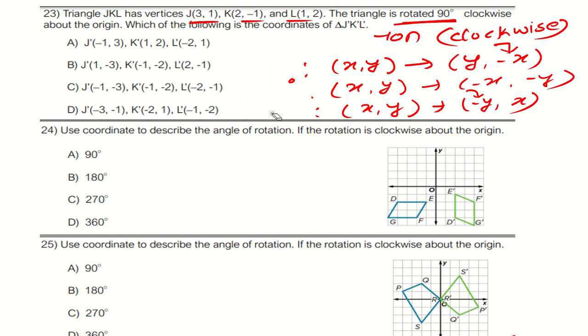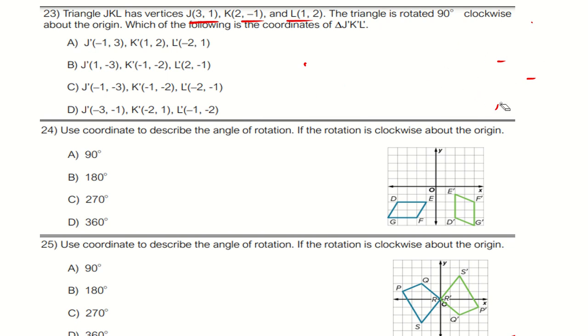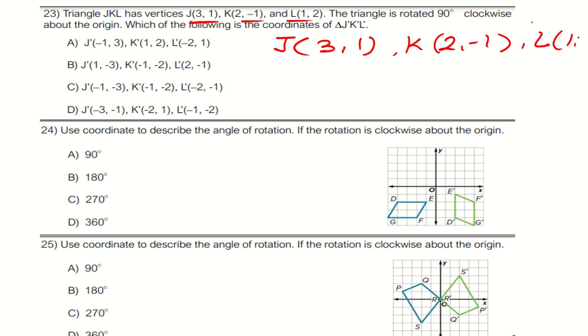So now what's the question? The question is they are saying that it is rotated 90 degrees clockwise. So for clockwise, what I told you: first you flip the values of x and y. I will write here J, that is (3, 1), K (2, -1), and L (1, 2). So J' will be: change the values of x and y first and then change the sign of y.